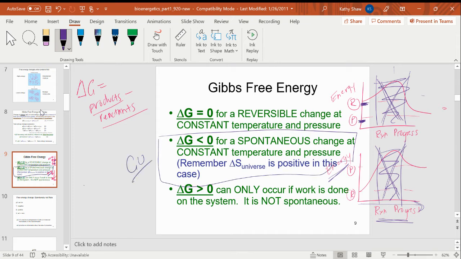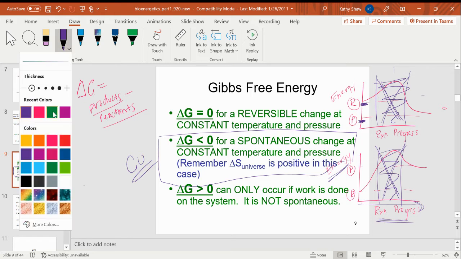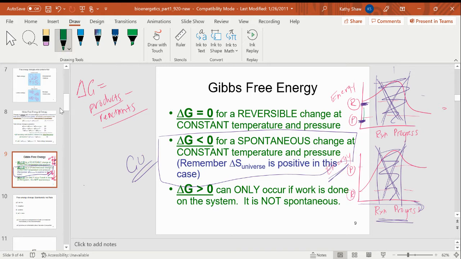That means the reaction is going to go, because what I'm doing overall, if I look at products minus reactants, is I drop. I need to get from a higher energy to a lower energy in the course of doing my reaction. I can do that. That's doable. So intuitively, that's usually okay.